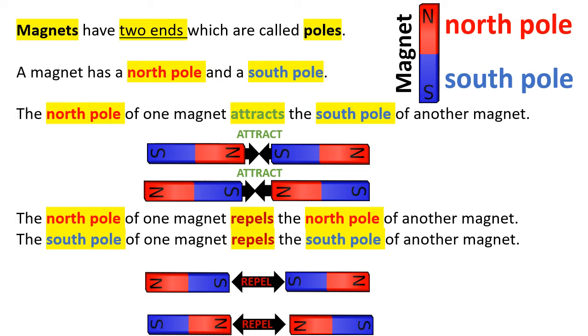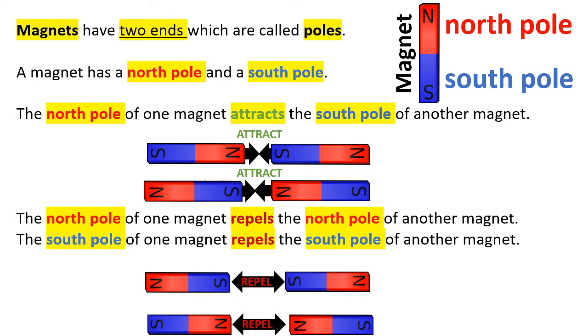We also learn that the north pole of one magnet repels the north pole of another magnet. Okay? Or the south pole of one magnet repels the south pole of another magnet. So look at the pictures with the arrow that shows repel. I see the arrows pointing in opposite directions. They're not pointing toward each other.